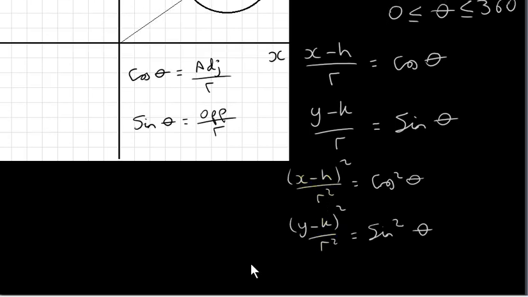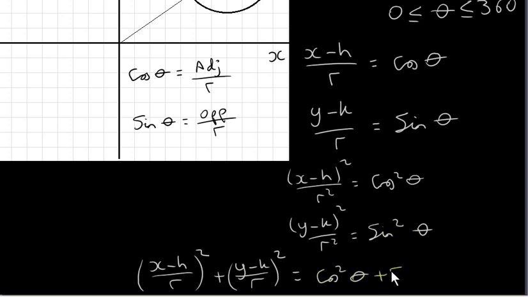So if we add these two together, we get (x minus h) squared over r squared, I'll write it like this, plus (y minus k) over r, all squared, equals cos squared theta plus sin squared theta. But cos squared theta plus sin squared theta equals 1 for any value of theta.